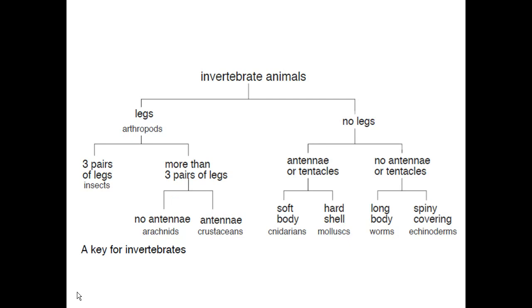Okay, so as we observed for vertebrates, in invertebrates we can still use branching keys to put them into groups in the right order, okay? And again, we need to reply to some questions to put them in the right position. And remember that invertebrates means that they don't have any backbones.